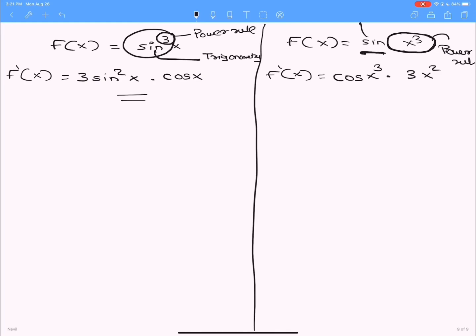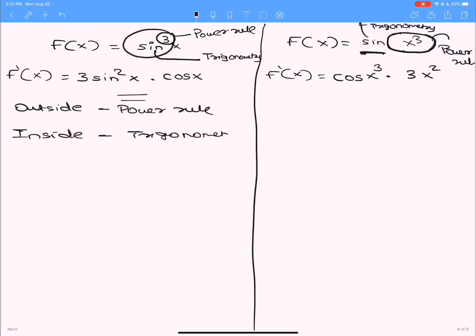This, in this question, is the outside. So if you guys get what I mean by inside and outside, that pretty much sums up how you do the problem. So for this problem, the first one, I'm going to write the outside is what we did first, right? Is the power rule. While for the same problem, the inside part is the trigonometry, which was the sine x.